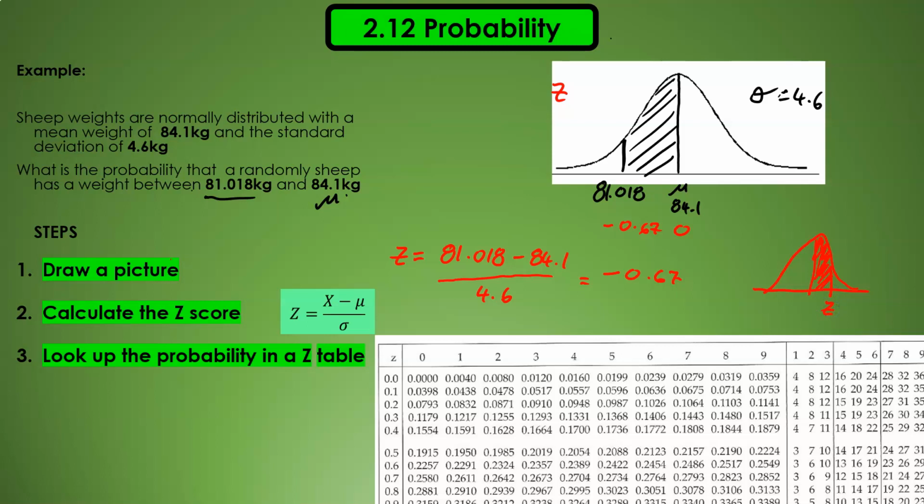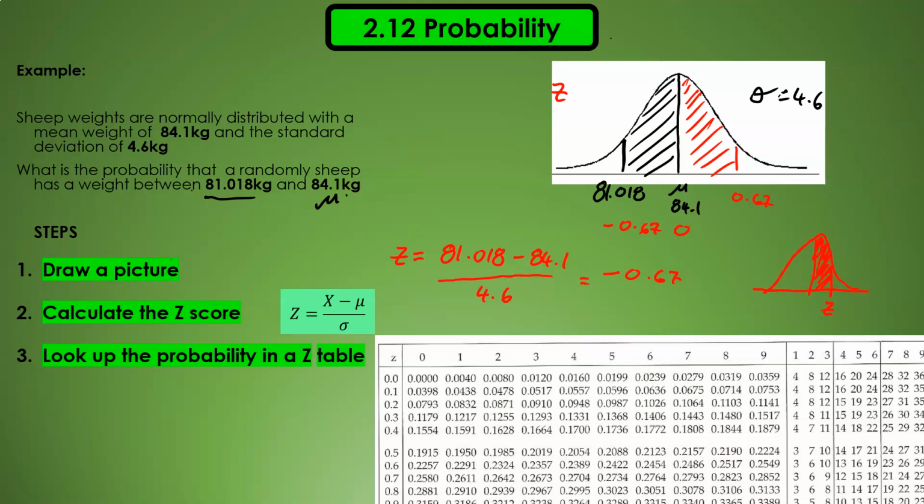But you've got to use the features of a normal distribution, which is that it's symmetrical. So it doesn't matter if I'm trying to find positive 0.67, that's going to be the same either side because of that mirror line either side of the mean. So there is no negative table. There's only the positive one, and you use the same values whether it's positive or negative.